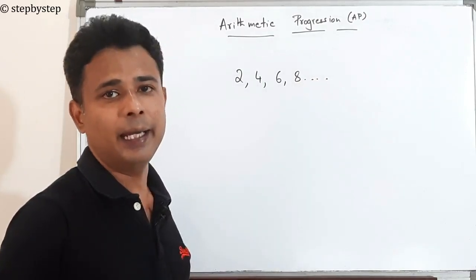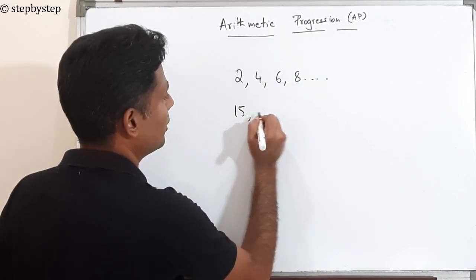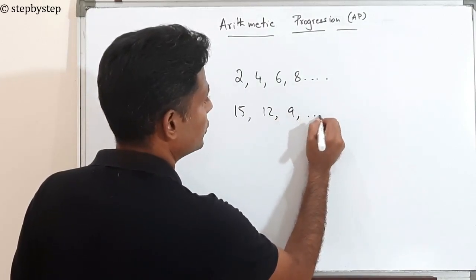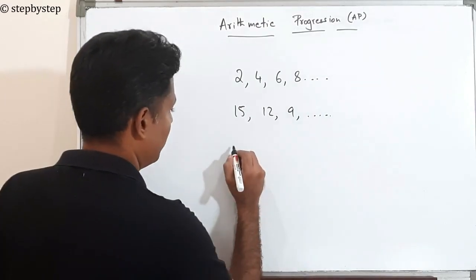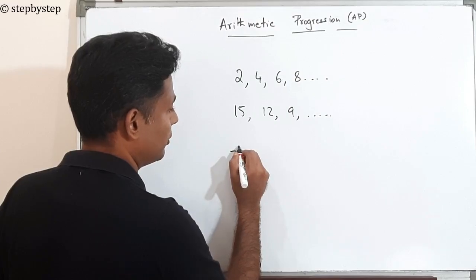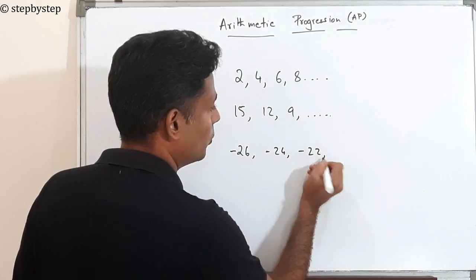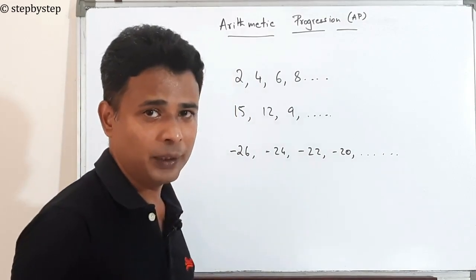This is an AP. Also, we can say 15, 12, 9, so on. This is also an AP. Or we can say minus 26, minus 24, minus 22, minus 20. This too is an AP.